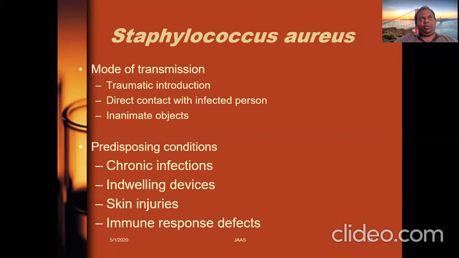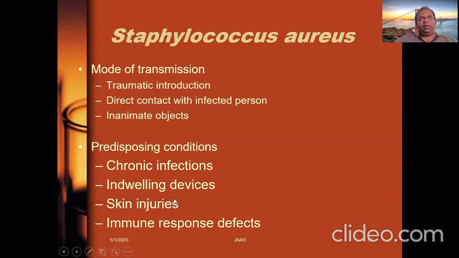There are predisposing factors and conditions. If the patient has chronic infections, or has devices like even a short-term venous cannula, a central access long-term catheter, that is a central line, or a hemodialysis line, even a urinary catheter, long-term indwelling devices, then the risk is high.